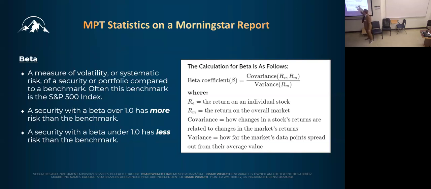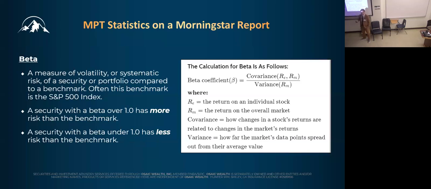So essentially, what we're looking at is a standard number with 1 decimal point. A security with a beta over 1.0 has more risk than the benchmark. 1.0 is the risk of the benchmark, and a security with a beta under 1.0 has less risk than the benchmark. So you can just convert this to a percentage if you want.